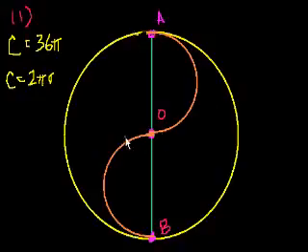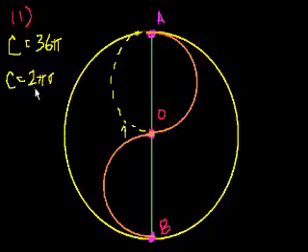If you just shifted this up, you would get the other half of this circle. The other way you could have done it is to figure out the circumference of this circle, divide by 2 to get this, and then add them. But you'll get the same thing as just the circumference of this circle.